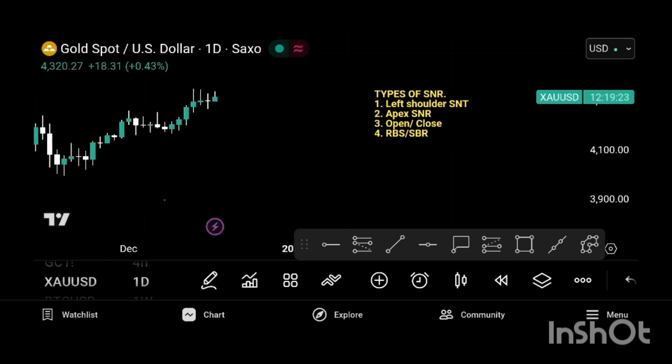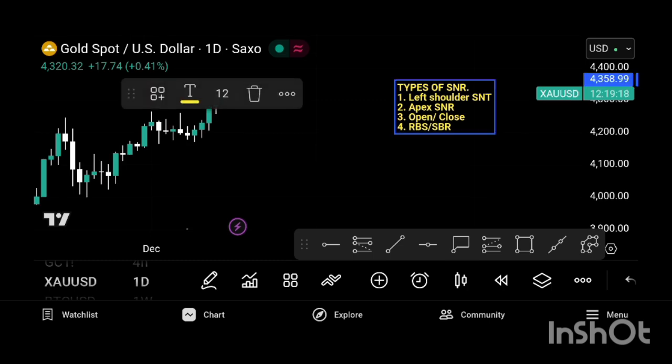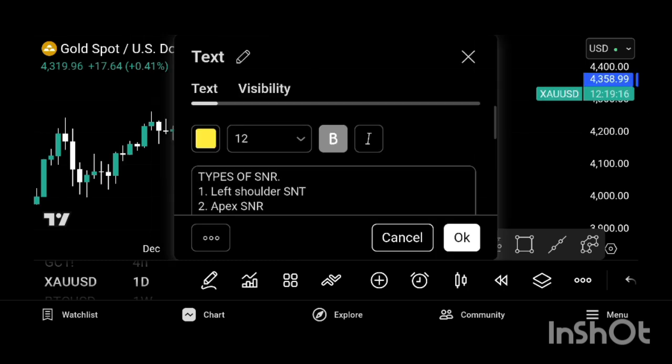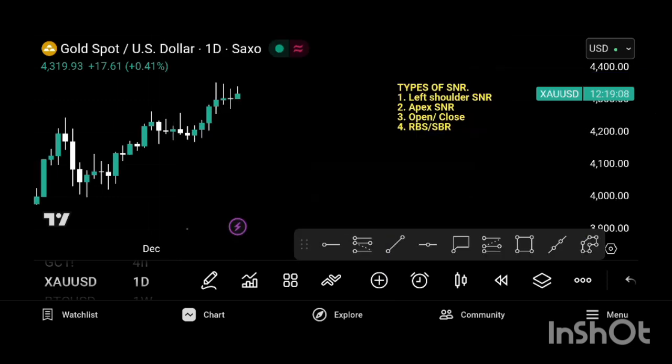If you want to maximize your trading, you must understand them. We have the left shoulder SNR. It's not S and T, it's SNR. Sorry about that. Left shoulder SNR, apex SNR, open and close, and the RBS resistance break becomes support, and the SBR support breaks becomes resistance.